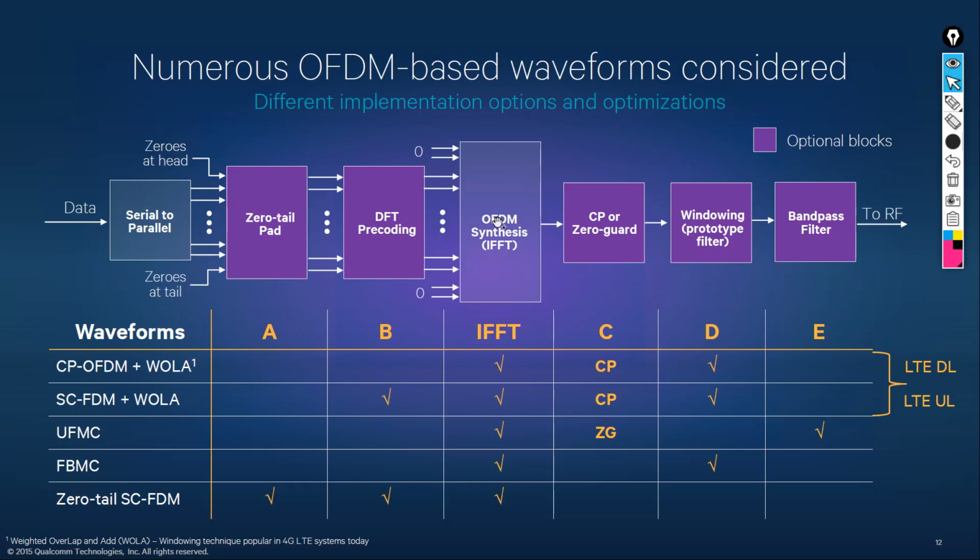Zero tail, DFT, OFDM, IFFT, and then to the channel, to the RF. If I tell you to draw single carrier FDMA, you put DFT, OFDM. Now you understand the differences between these waveforms. These blocks are optional based on the waveform you use. This is the main one.